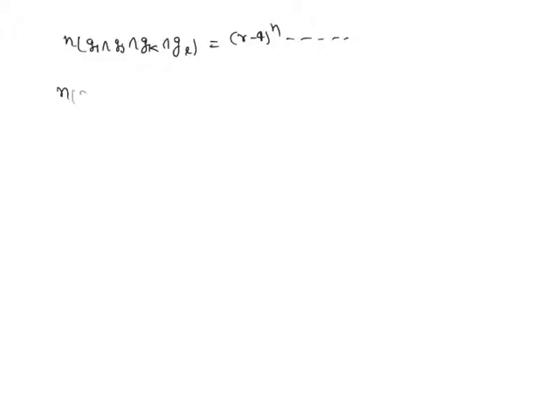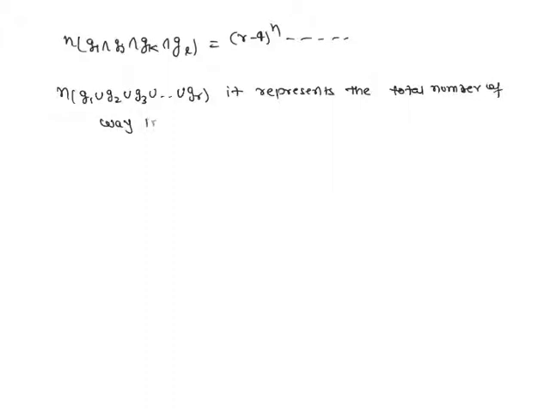Now we'll find out n(G1 ∪ G2 ∪ G3 ∪ ... ∪ Gr). It represents the total number of ways in which at least one group is blank. This we can find out by using set theory.